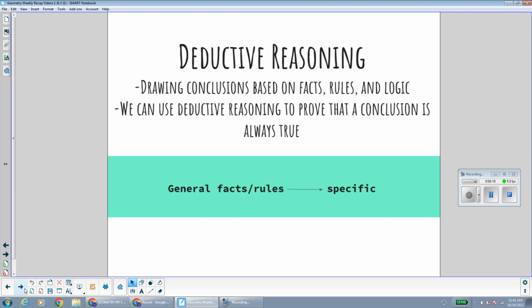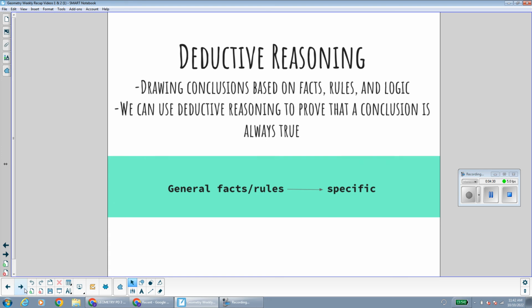Deductive reasoning is when we draw conclusions based on facts, rules, and logic. We can use deductive reasoning to prove that a conclusion is always true in every circumstance. In geometry, especially when we get to proving statements, deductive reasoning is used often.